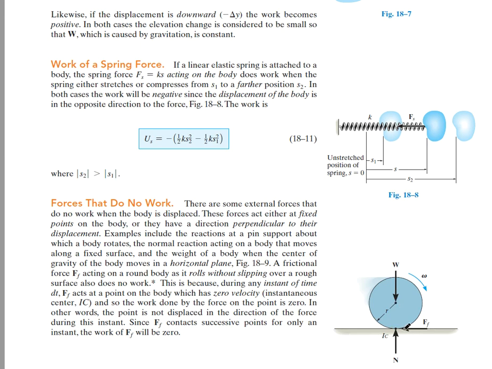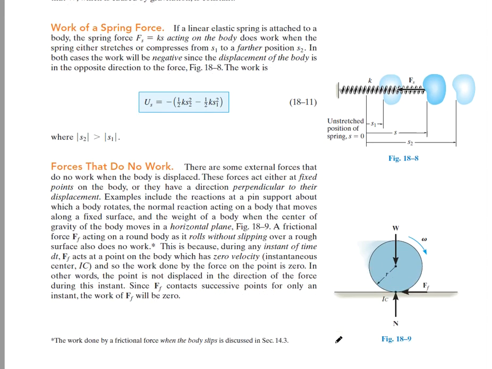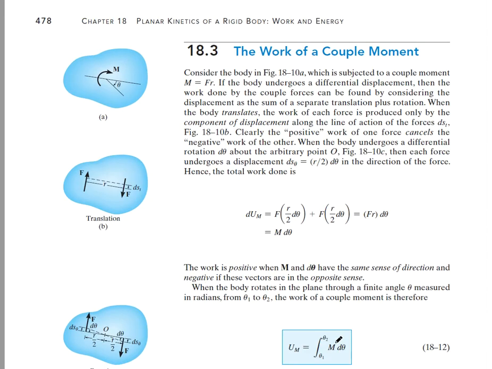Force F, though, the friction force, appears to move, but actually it changes the point of application to a new location on the rolling disc, and again does not produce work. If we have a couple, he calls it couple moment.